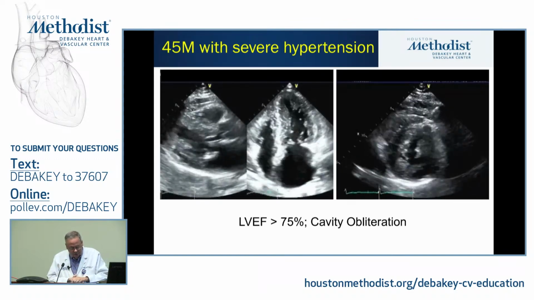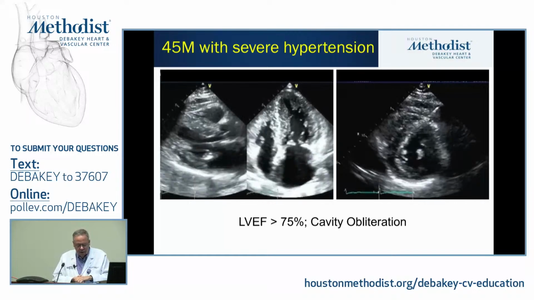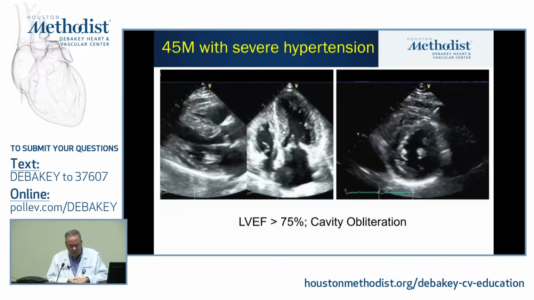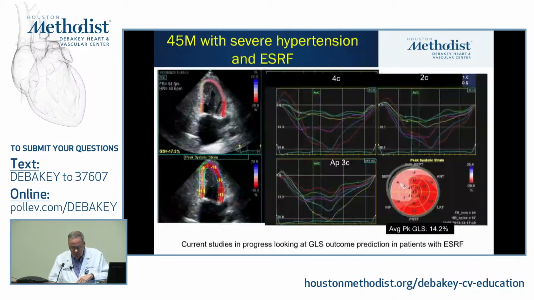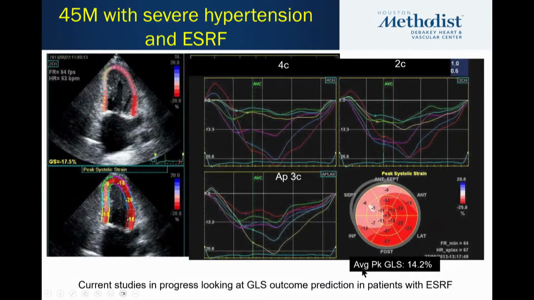So here we have one of those examples. This is a hypertensive end-stage renal guy with an EF of 90%. I mean, this is cavity obliteration. And yet, the peak global strain average is 14.2, clearly reduced, with some areas being even worse than others. And this is not CAD because it's not following nicely a coronary distribution.